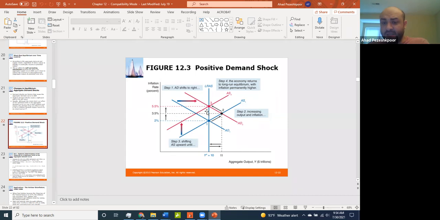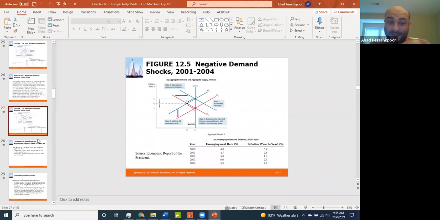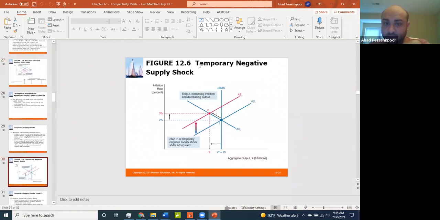So in response to the shock to demand, aggregate supply will react. But in response to shocks to supply, only supply would change. Demand would be the same. So this is how I teach myself these aggregate supply shocks.